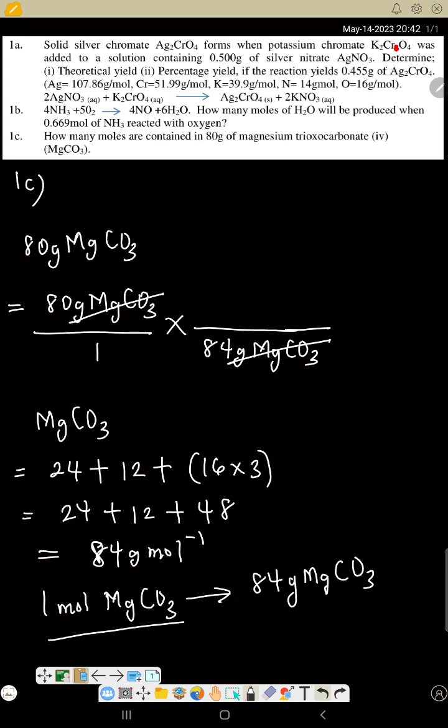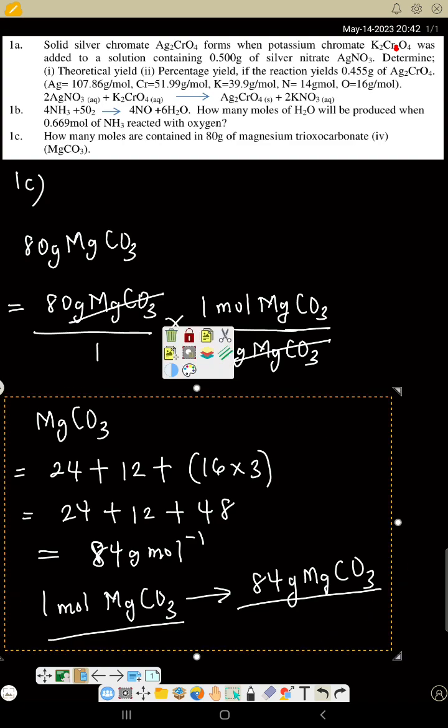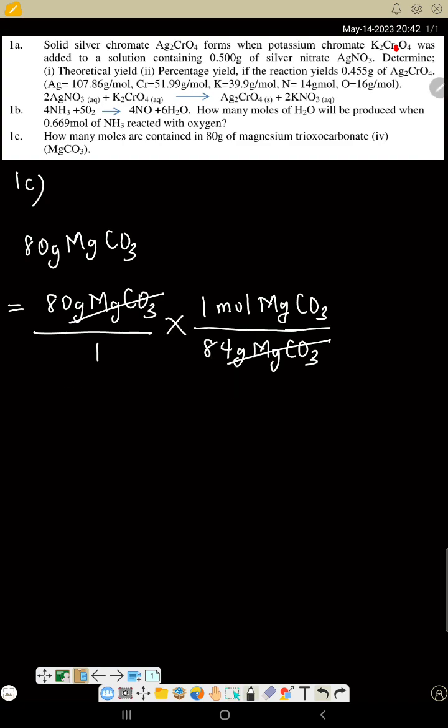So we know 1 mole of magnesium carbonate is 84 gram of magnesium carbonate. So we already have our answer here. So just multiply.